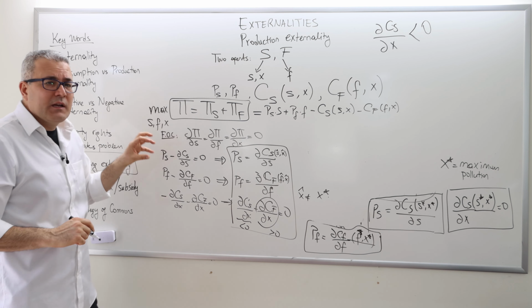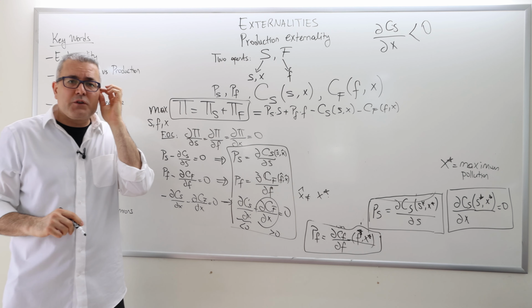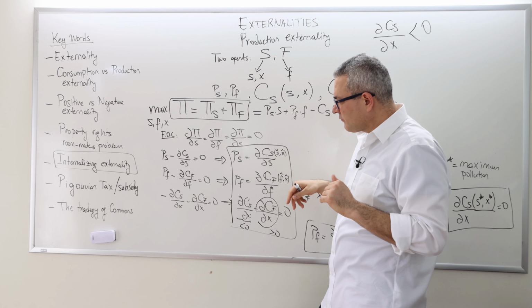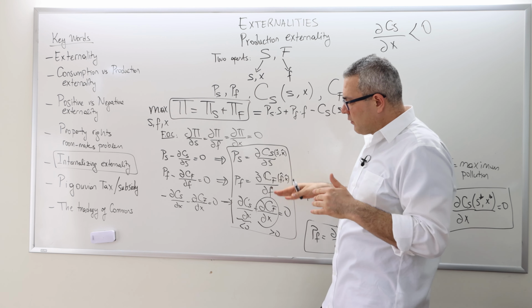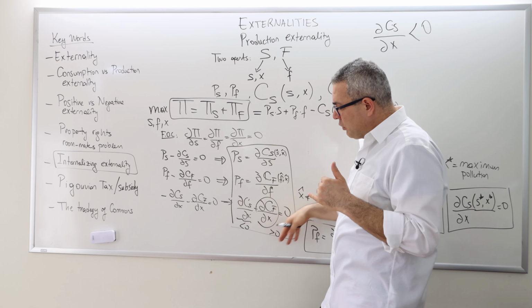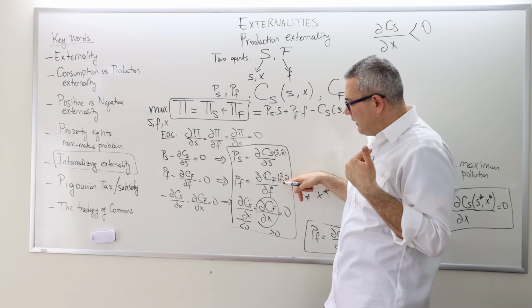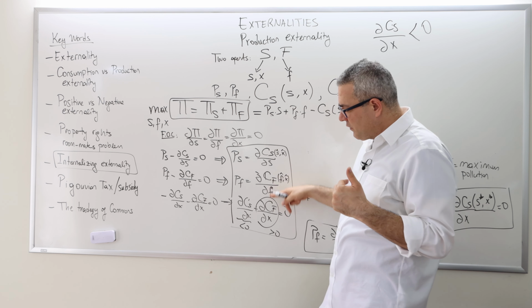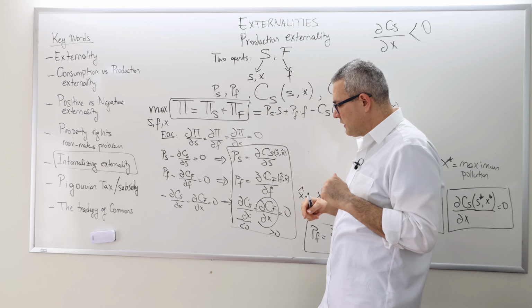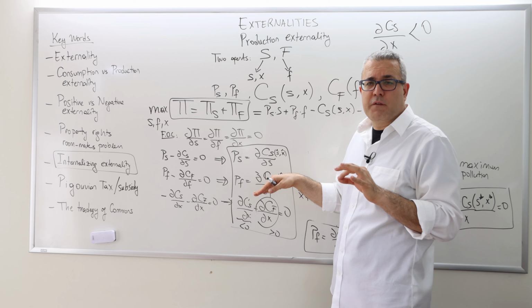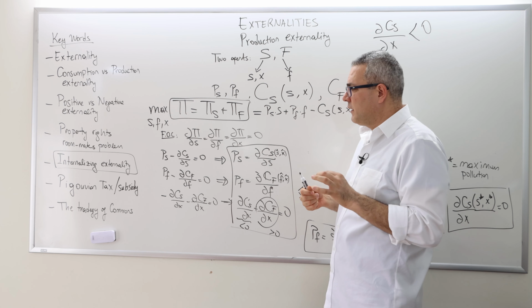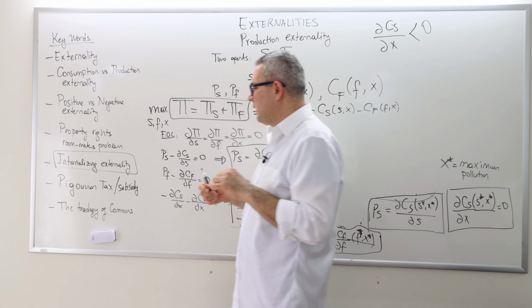And this outcome is going to be efficient by the first theorem of welfare economics. So in the equilibrium, the steel, the pollution and the fish are going to be such that those three first order conditions are satisfied. And it is going to be Pareto efficient by the first fundamental theorem of welfare economics.